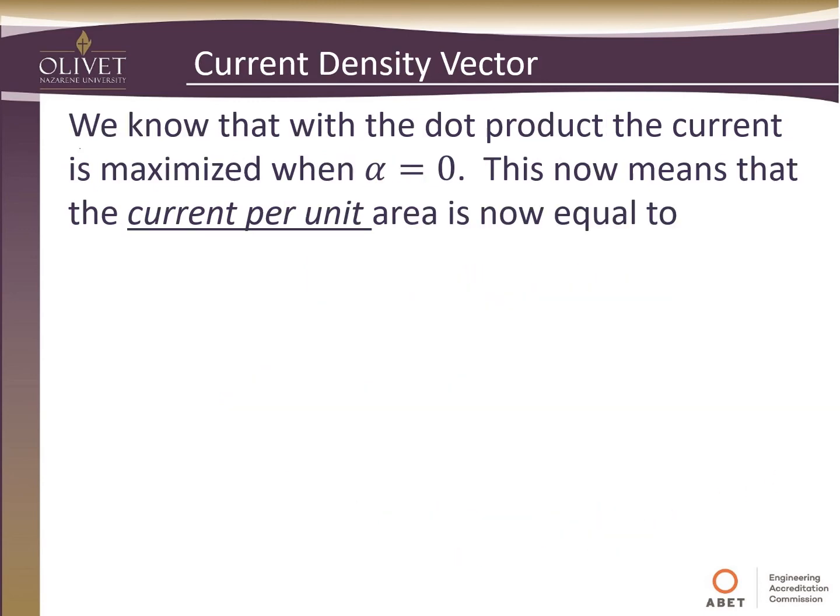So we know that with the dot product, the current is maximized when alpha is equal to 0, as I stated on the last sheet. So this now means that the current per unit area is equal to N e squared over m omega, E naught sine omega t, in the AX direction.